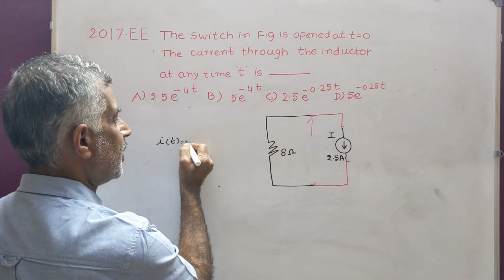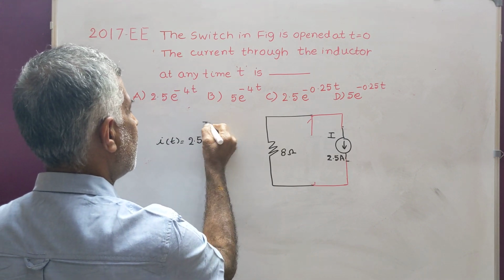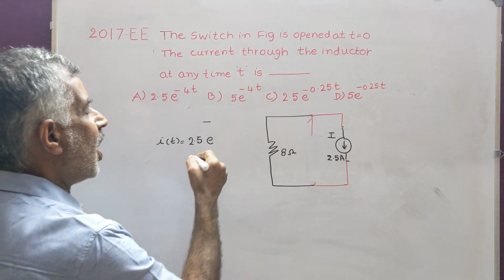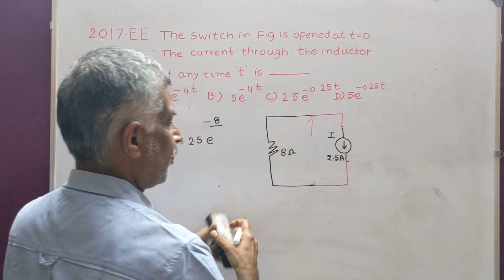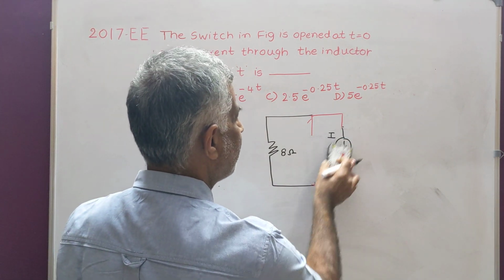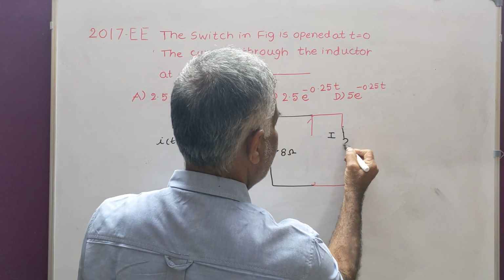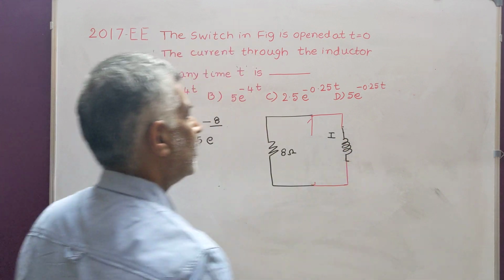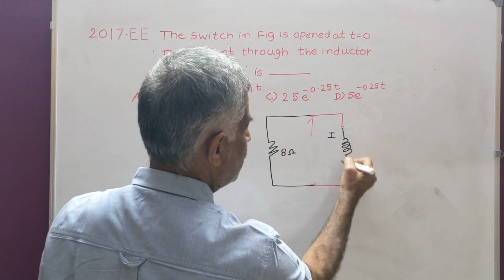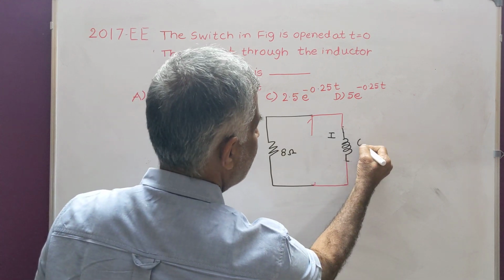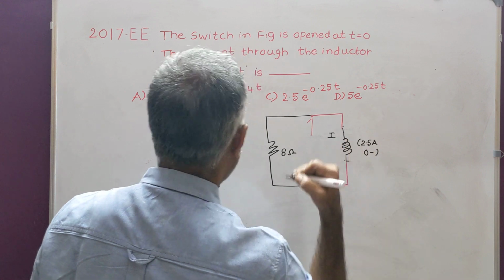The i(t) expression is 2.5 e power minus R by L t. L means inductor, and here I will replace this inductor as a current source, an inductor which is losing charge and was previously carrying 2.5 amperes at the 0 minus condition.